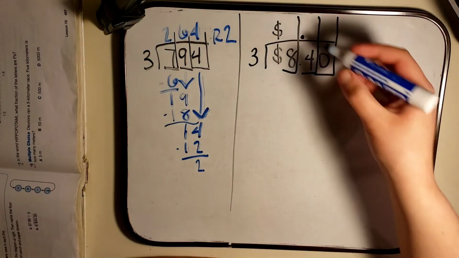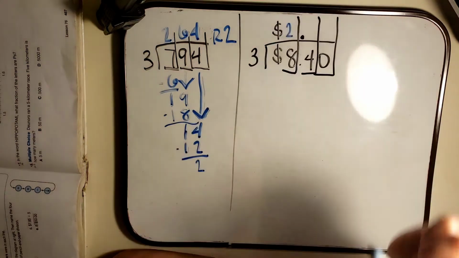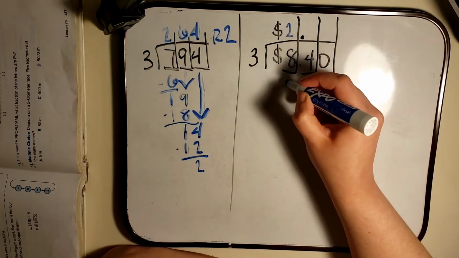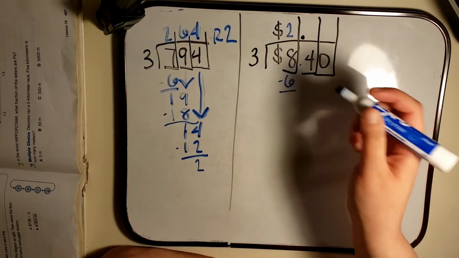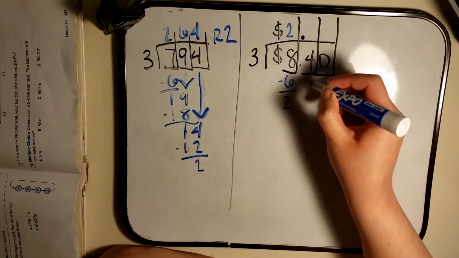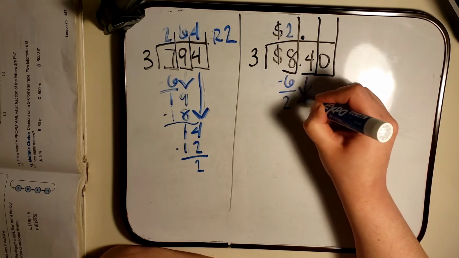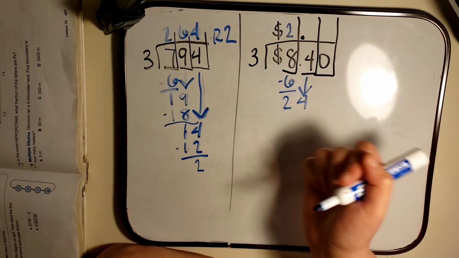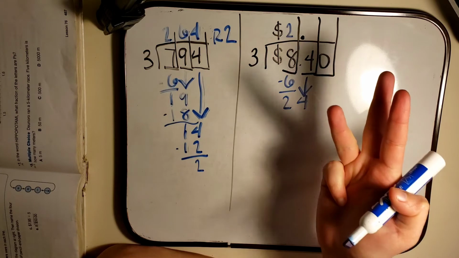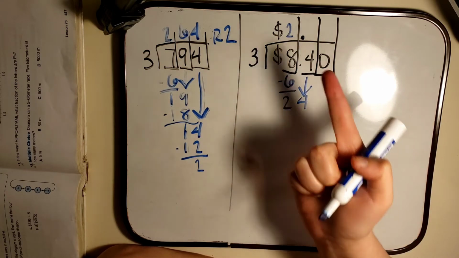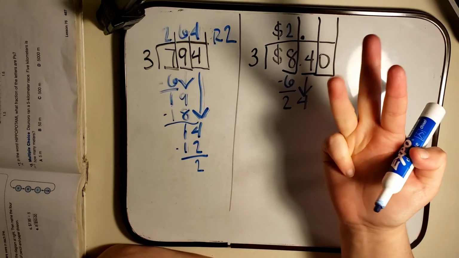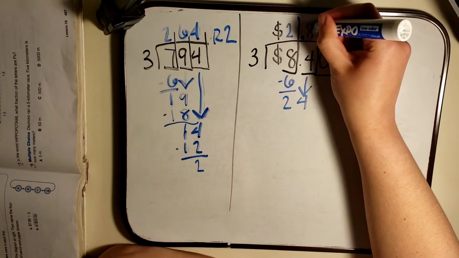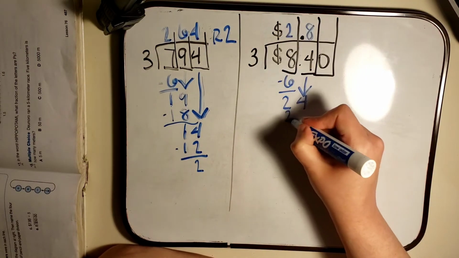So 3 goes into 8 2 times, because 3 times 2 equals 6. 6 subtracted from 8 is 2. Bring down that 4. 3 goes into 24. 3, 6, 9, 12, 15, 18, 21, 24. 8 times. 3 times 8 equals 24.